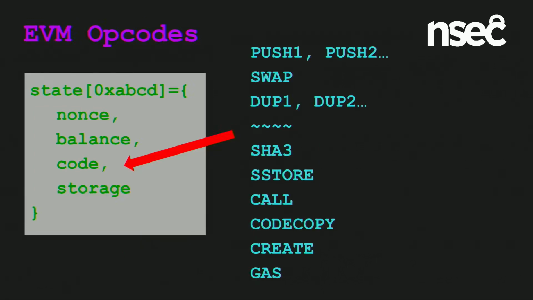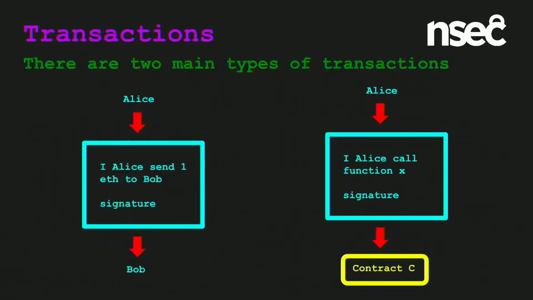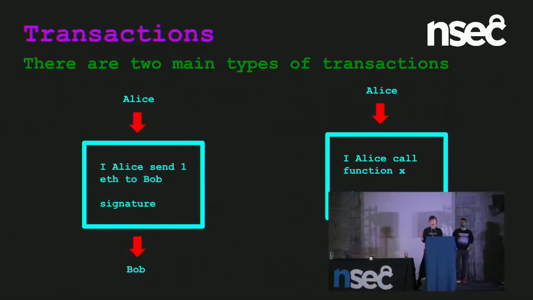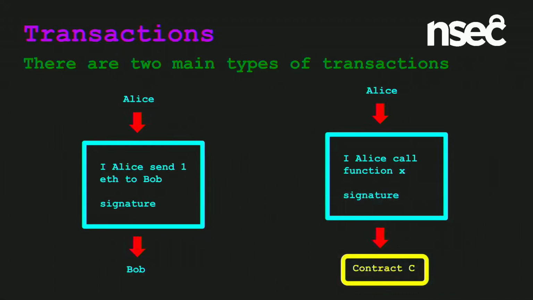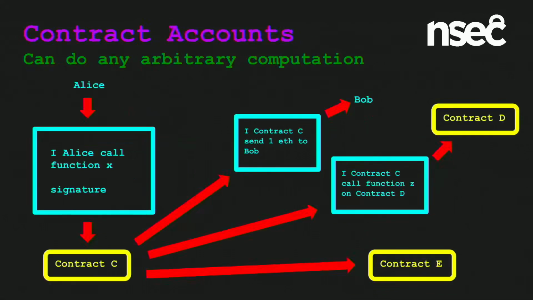It holds storage values. All right, so when you're interacting with the Ethereum blockchain, you do so by sending a transaction. There are 2 main types of accounts: external accounts, which map onto people or private key, public key pairs, and contract accounts, which contain code. Consequently, we have 2 major types of transactions, simple ones like Alice sending some Ether to Bob, and more complex transactions where Alice is calling a function, function X on contract Z. Contracts can do any number of things.